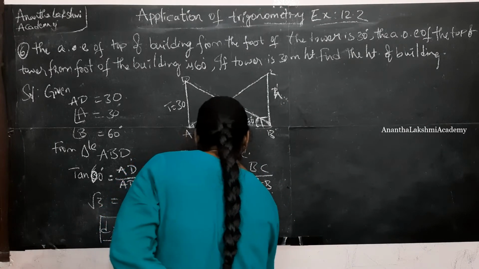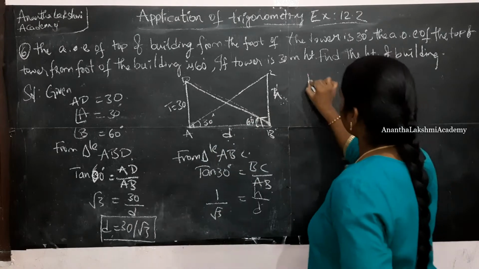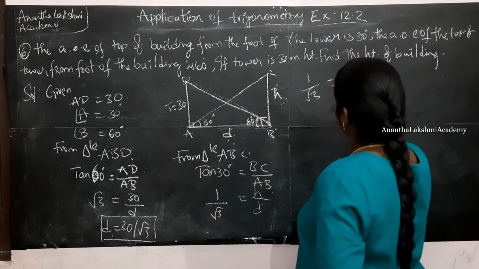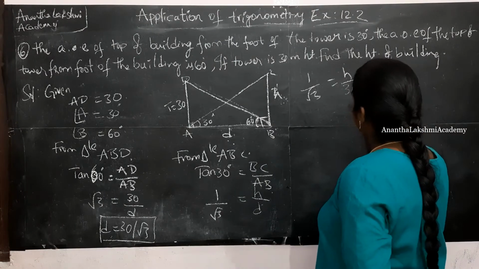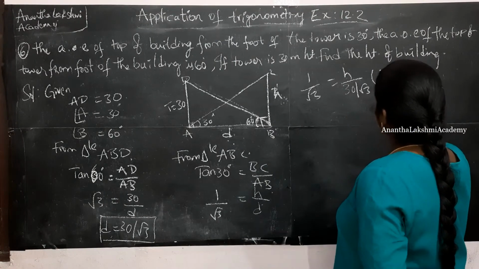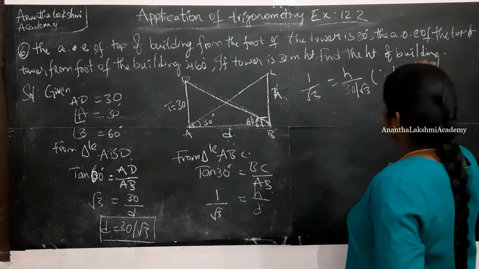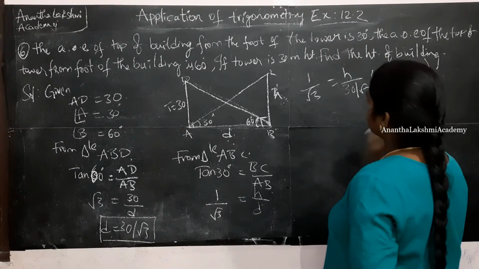Tan 30 is 1 by root 3. So 1 by root 3 is equal to H by, what is D? 30 by root 3. What have we done here? We have substituted the value of D, since D is equal to 30 by root 3.